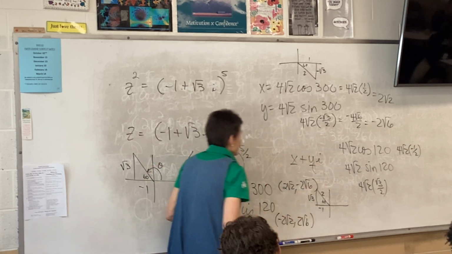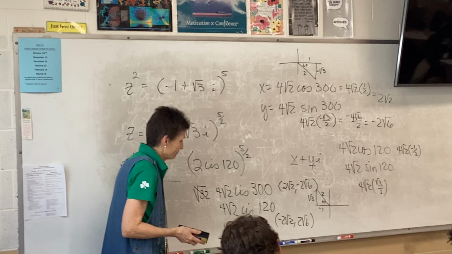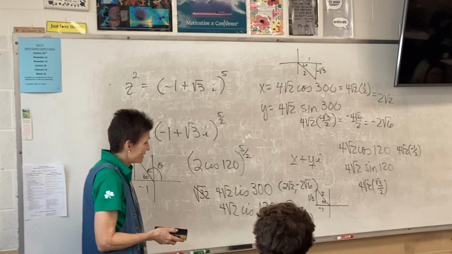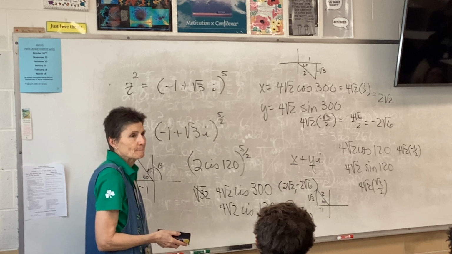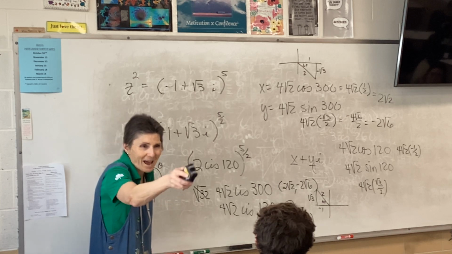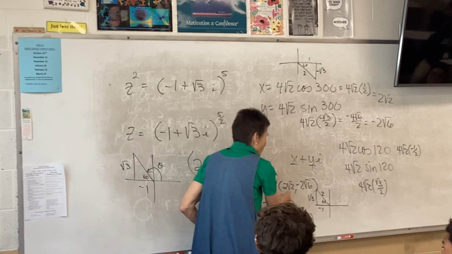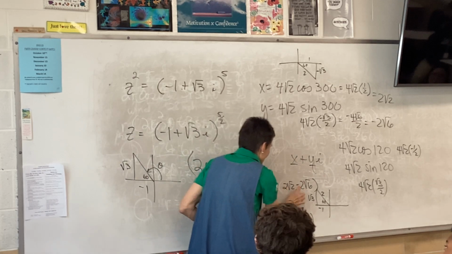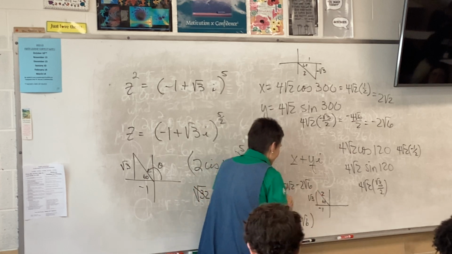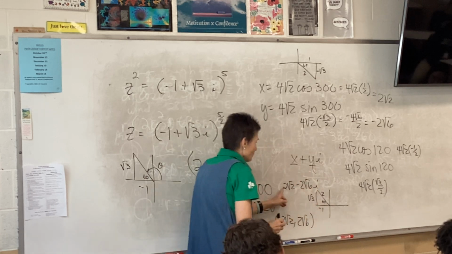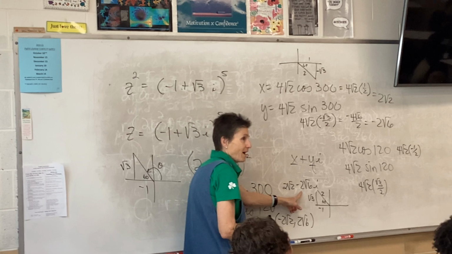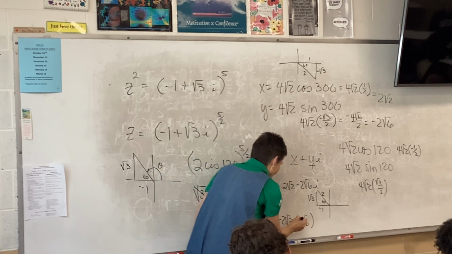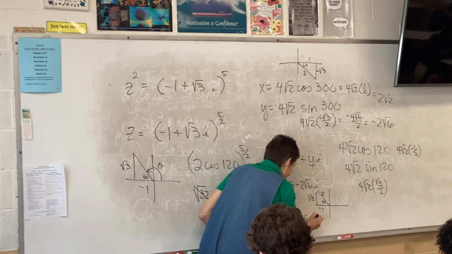And I made a huge error. Well, huge might be an exaggeration, but I made an error. Does anybody see it? Exactly. I wrote these as coordinates. These are the right numbers, but these are supposed to be complex numbers, right? So this is 2 root 2 minus 2 root 6i, and this one is negative 2 root 2 plus 2 root 6i.